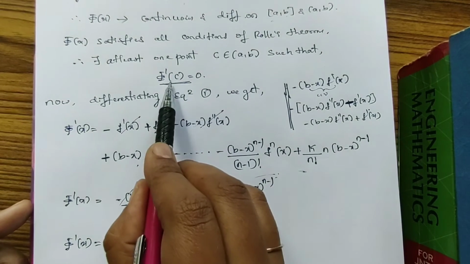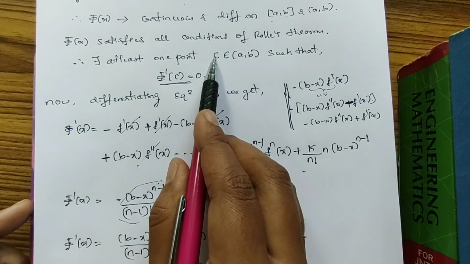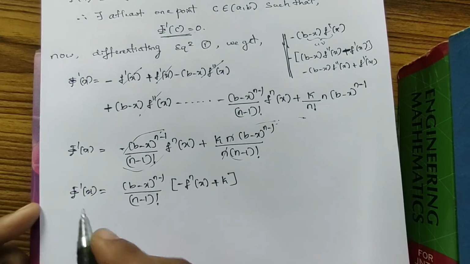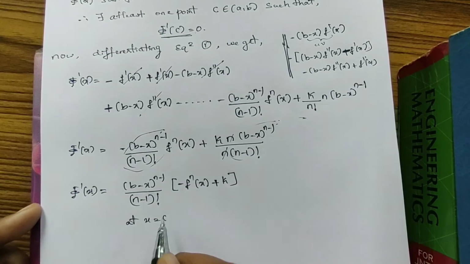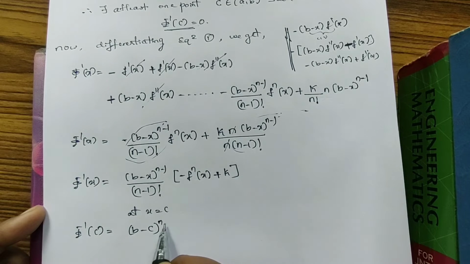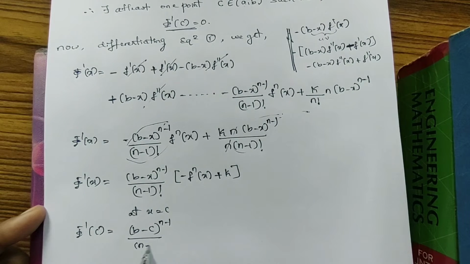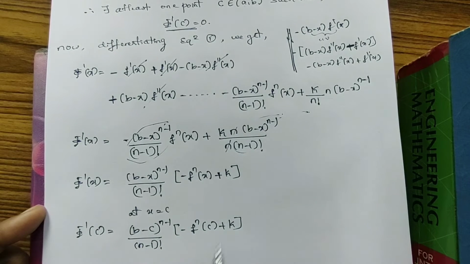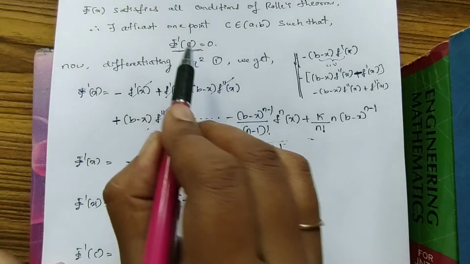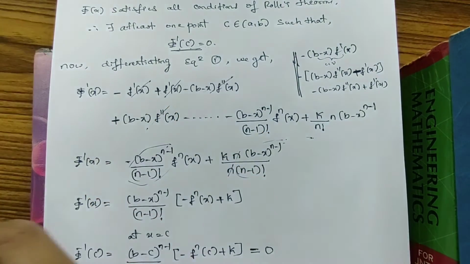So here we have taken phi dash of c is equal to 0. There exists a real number c that belongs to the open interval a comma b. Now at x equal to c, this is going to be phi dash of c is equal to b minus c, replace x by c, to the power n minus 1 divided by n minus 1 factorial of minus f power n of c plus k, which is equal to 0, because we have taken phi dash of c is equal to 0 according to the condition.